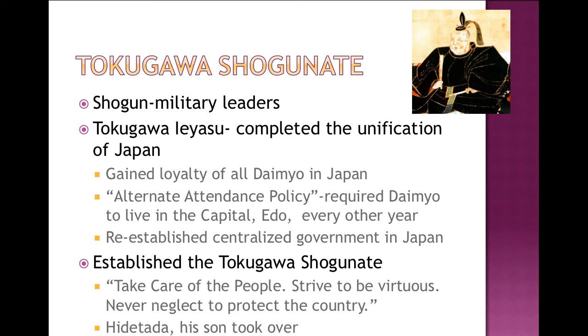He was the first one, and the theme of the Tokugawa shogunate, he dies on his deathbed. He tells his son, take care of the people, strive to be virtuous, never neglect to protect the country. And when he dies, his son, Hidetada, comes and takes over. So Ieyasu is the first of the Tokugawa shoguns. The shogunate is the kingdom of the shogun.